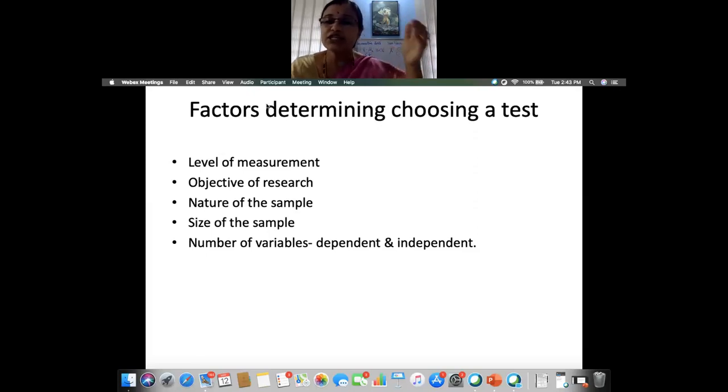Under each dimension, I have a set of items. We are no more going to call them variables. We will call them items, because for statistical purposes, variables are called items here. Now, when we take each and every item, as far as possible for each dimension, you have to calculate the mean and the standard deviation.